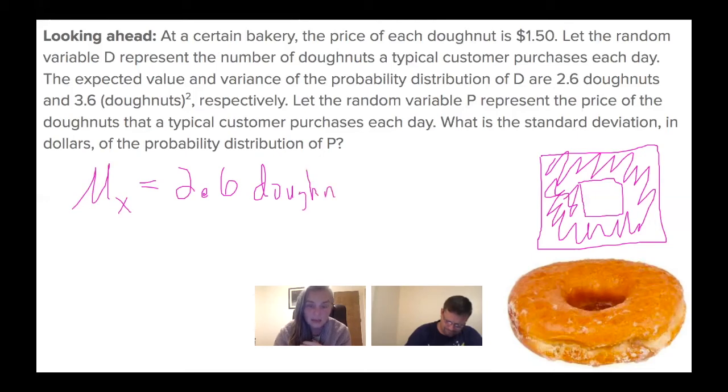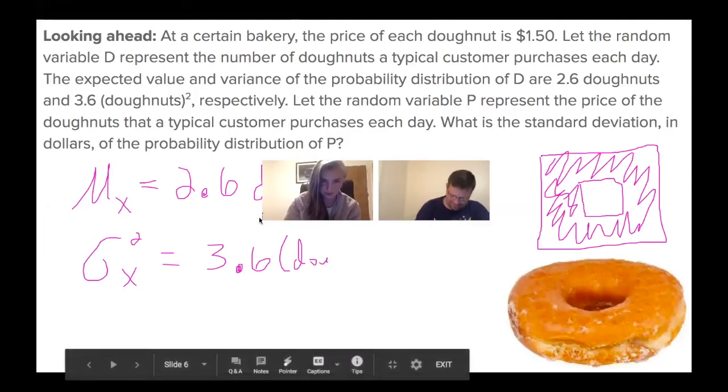And you might be tricked into thinking that you've been given standard deviation, but really you've been given variance. And the reason you know it's variance is because of the units. Variance units will always be squared.